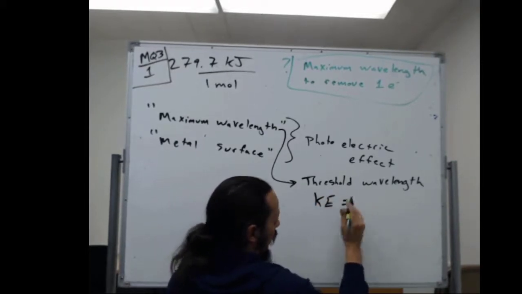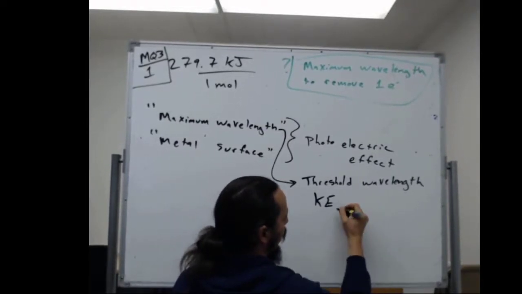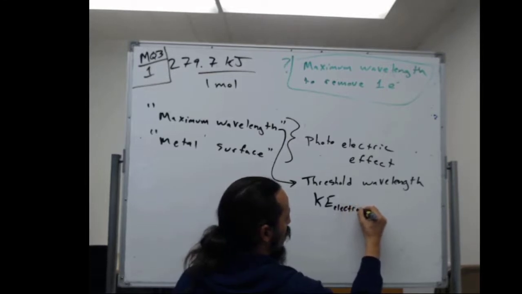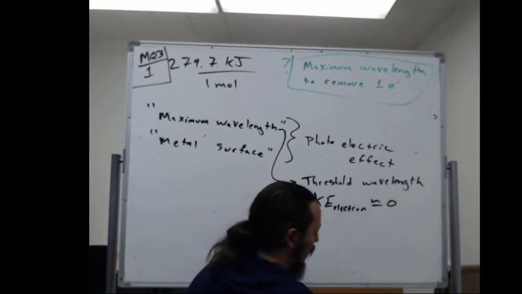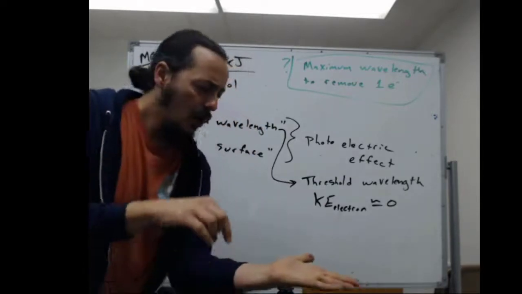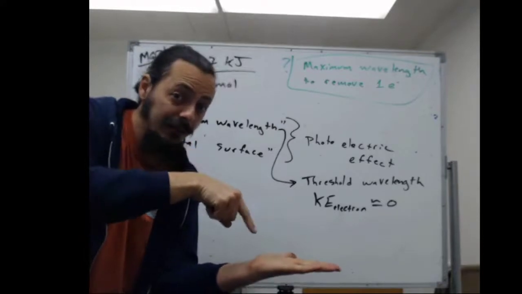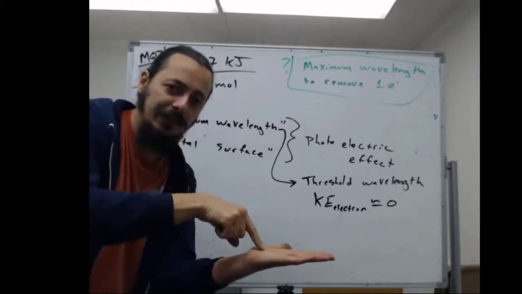So when we've got threshold wavelength, the kinetic energy of the electron is approximately equal to 0. Thinking back to that picture that I drew, we've got our metal surface, we've got light shining on it, we hit it with low energy, long wavelength, and no electrons are coming off.